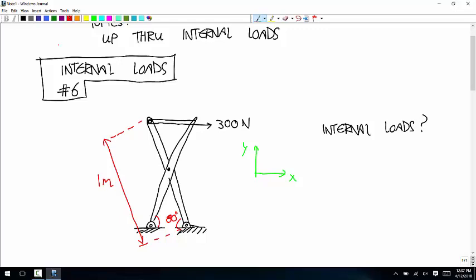Okay, so I'm going to label this one member 1, this one member 2, and then the joints A, B, C, D, E. And we're ignoring the weights on these.